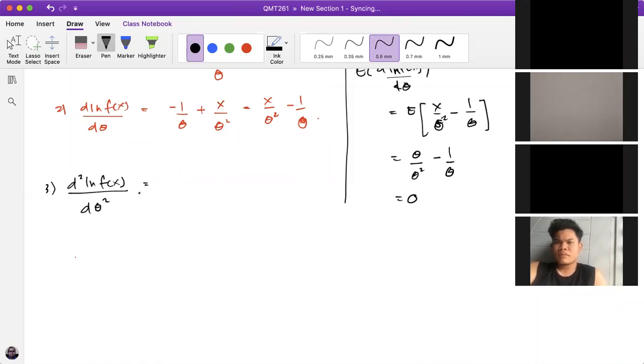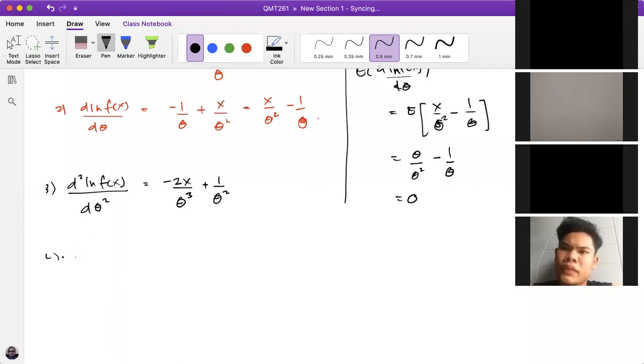With respect to theta, it becomes negative 2x divided by theta to the power of 3 plus 1 over theta squared. This is the second derivative.